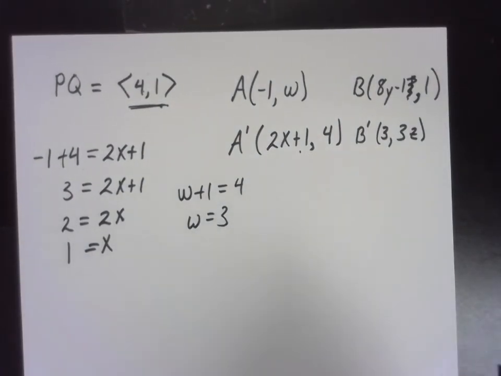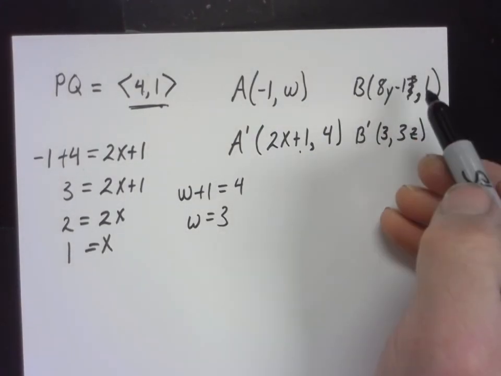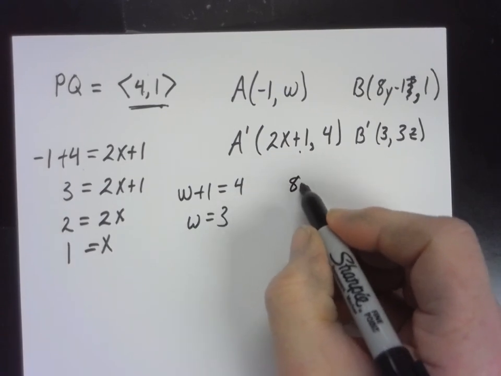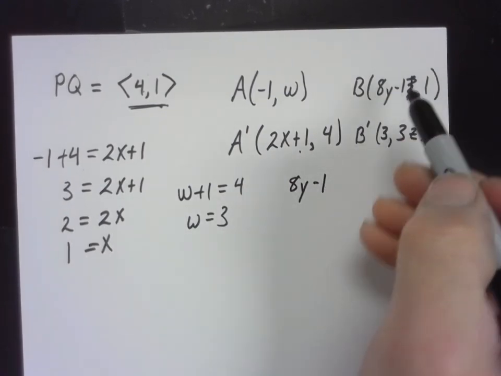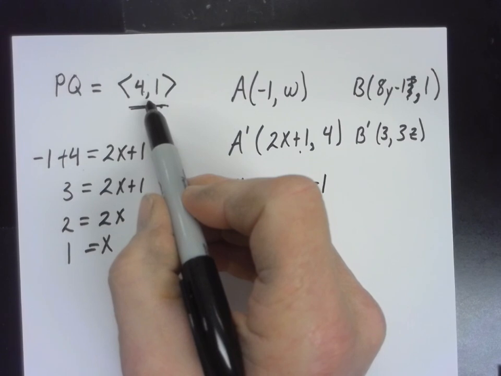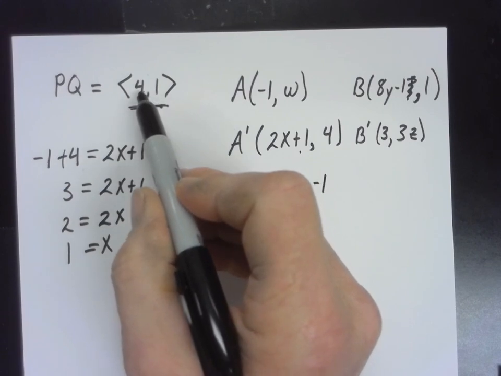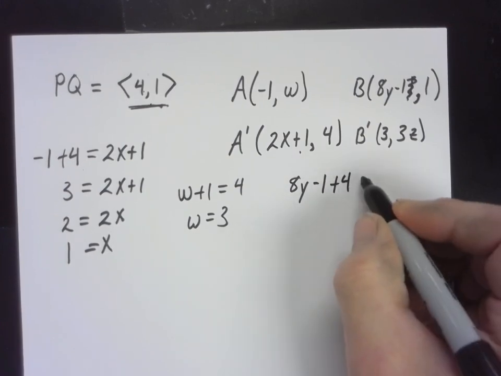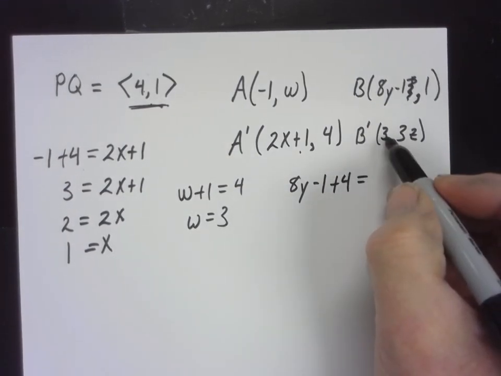Let's go over to point B here, so to find our y. So we know we're starting at 8y subtract 1. And again, we're going to use the same mapping function, aren't we? So we're going to add 4, right? We're going to do that to every x coordinate. We're going to add 4. And we know where we end up. We end up at 3.